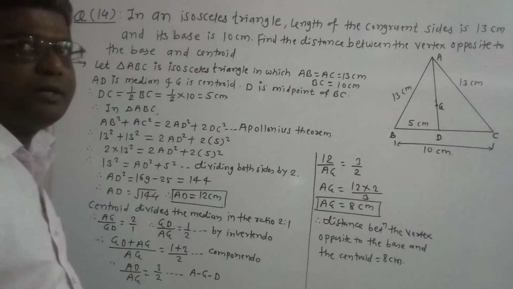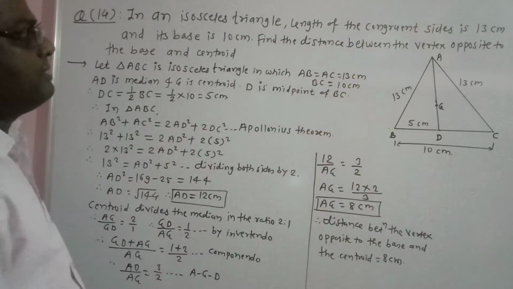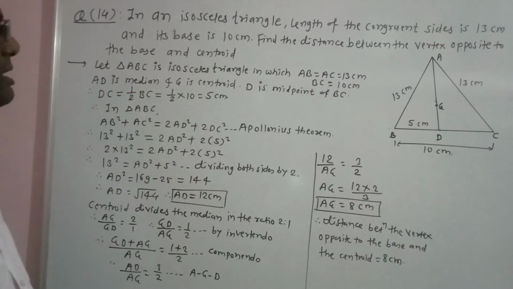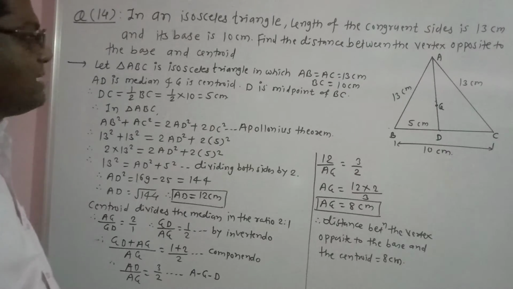Example number 14. In an isosceles triangle, length of congruent sides is 13 cm and base is 10 cm. Find the distance between the vertex opposite to the base and centroid.